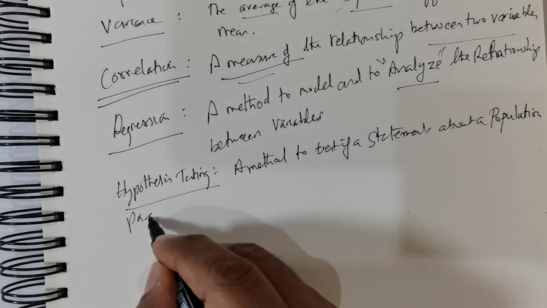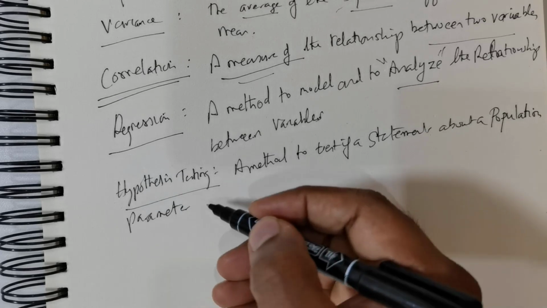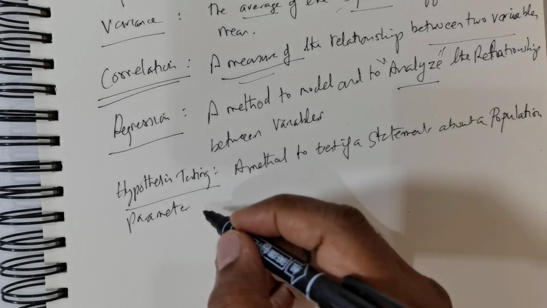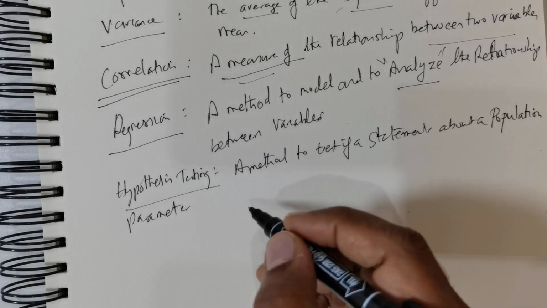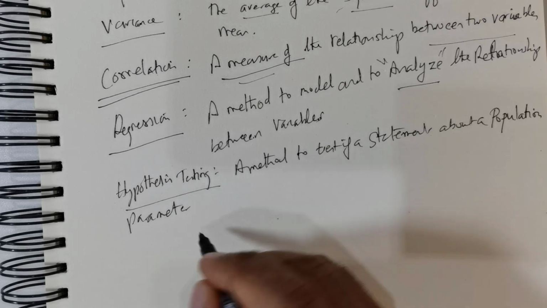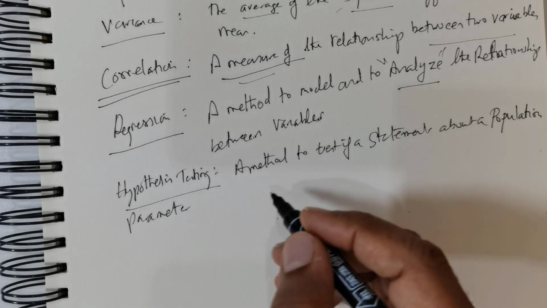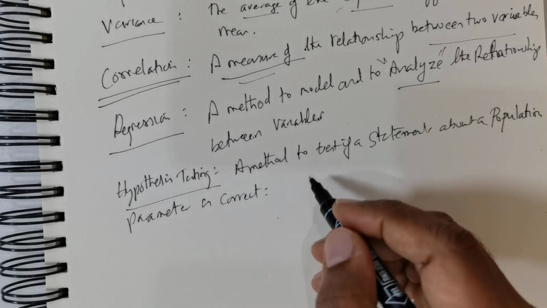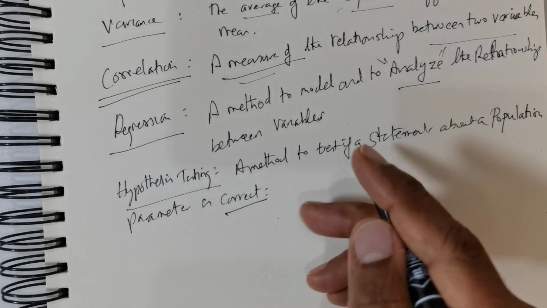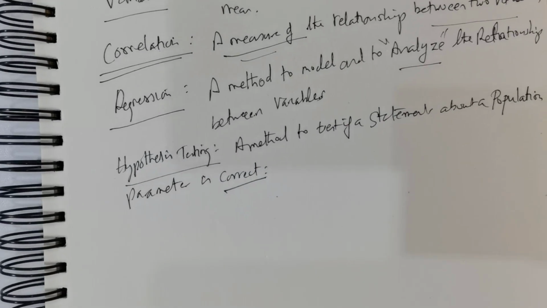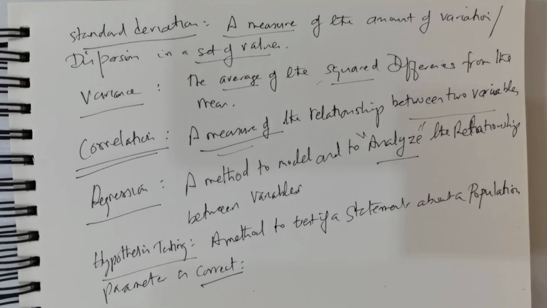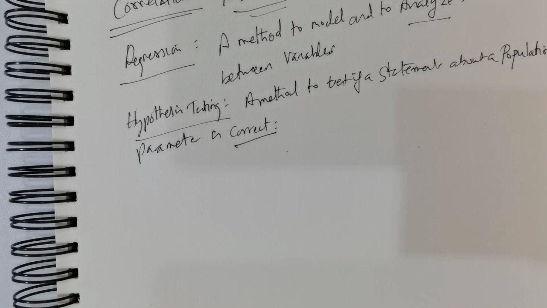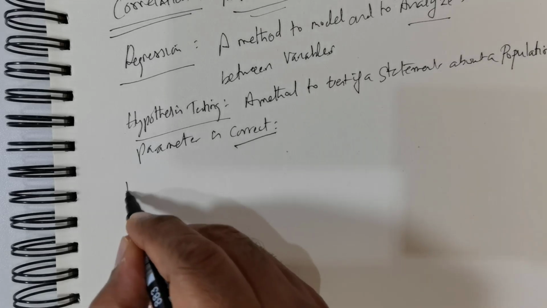Now the important word is parameter. So when we talk about parameter, we are talking about the variable. So a method to test if a statement about a population parameter is correct or not. So as I mentioned to you, we will do questions related to all of these terms, because only when we work out these things we would be in a better position to understand.